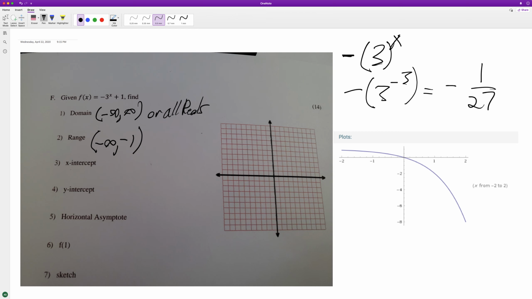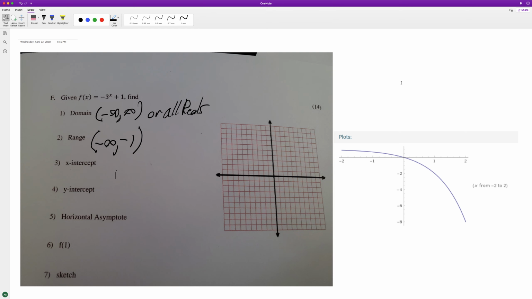All right, so x-intercept, what do you do for that? Well, you plug in 0 for y and then you solve for it. It actually may not... Oh, it's just 0.